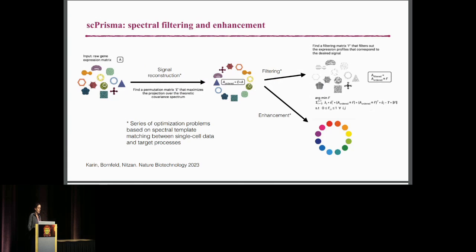We did that through a framework that we call SC Prisma, which is basically a spectral template matching optimization framework. Through a series of optimization problems, we find the corresponding topologies in the data and then either enhance them or filter that layer of information from our single-cell data.